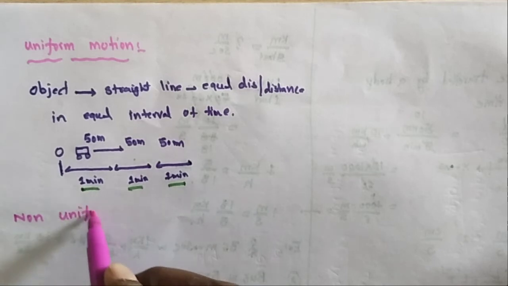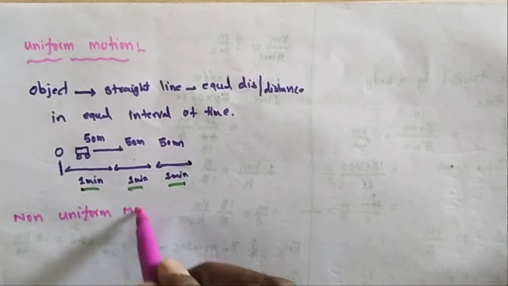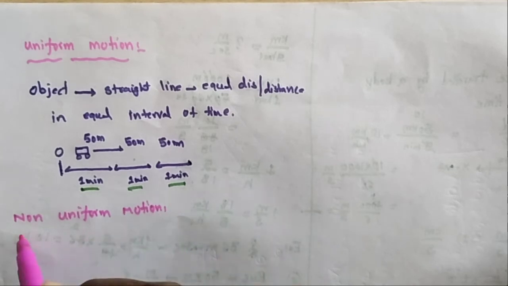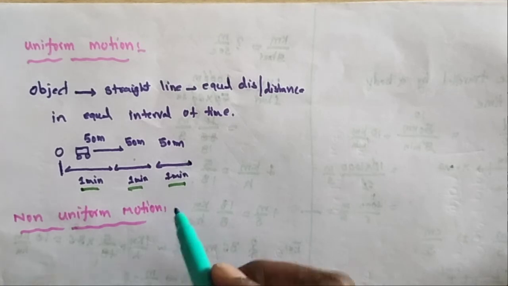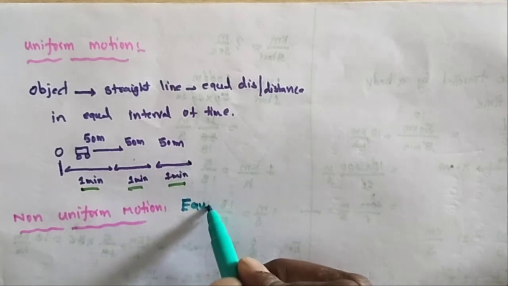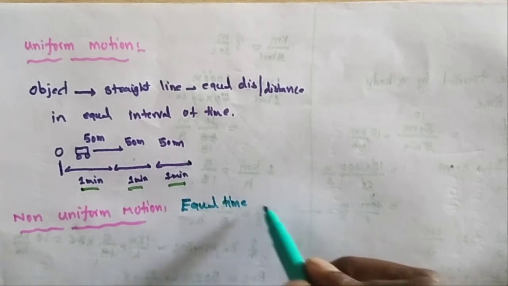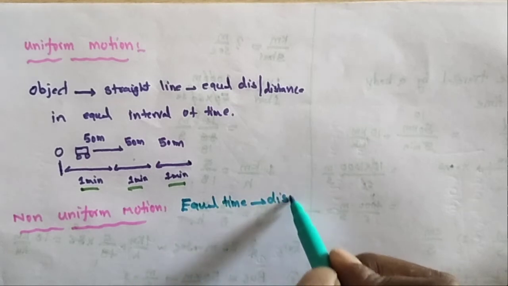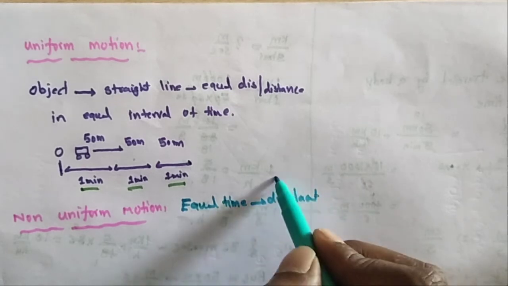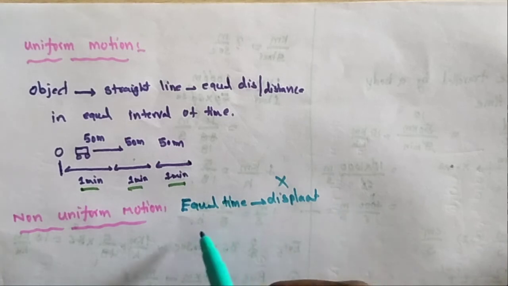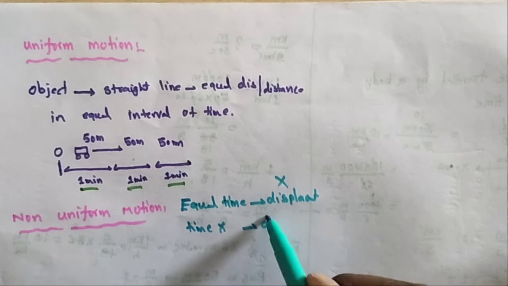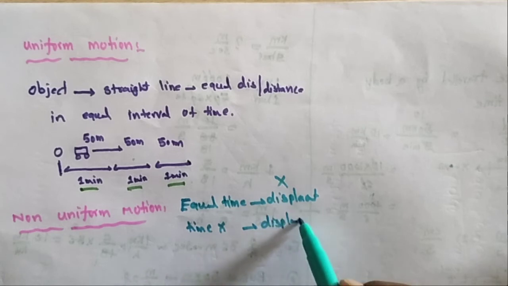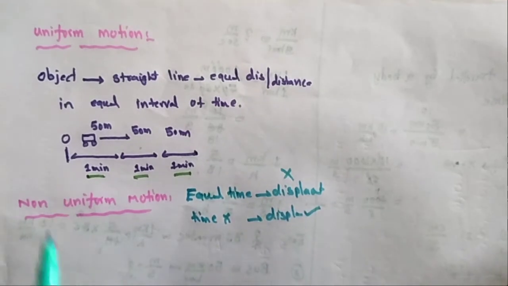And the second one, non-uniform motion. What is the meaning of non-uniform motion? In non-uniform motion, in equal times, the displacement will change. For example, here is the original position.